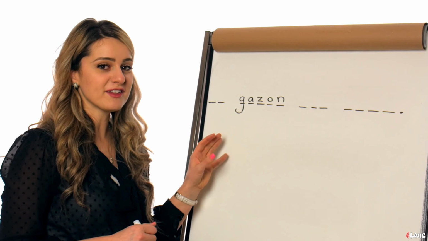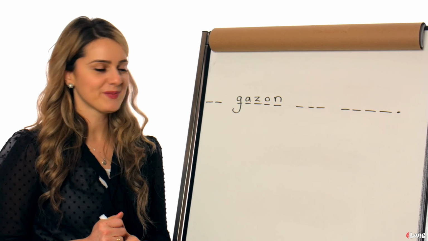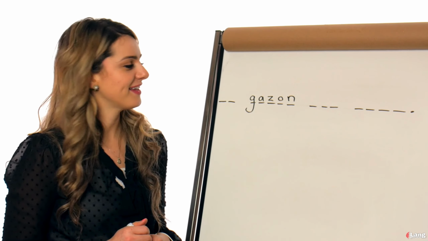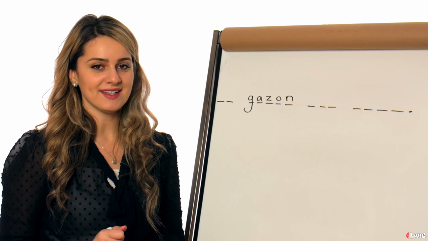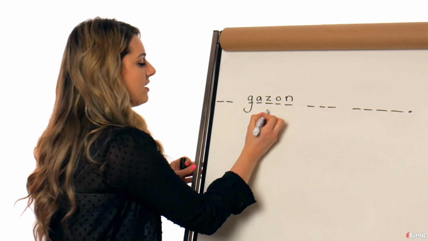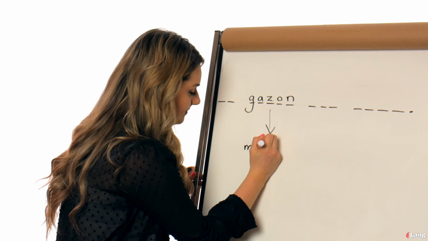Okay, so here I have a little bit of a fill in the blank to help you out. I already put gazon because it wouldn't be fair if I didn't give it to you. So gazon means grass, and I'm going to tell you right now that gazon is masculin.